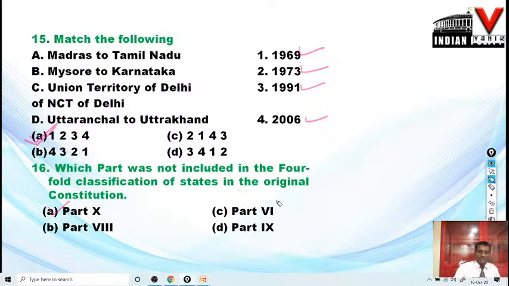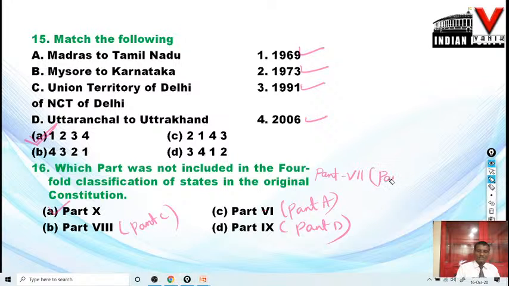So that is part A state. That is part C state. And here part D. Part A, that is Part 6, and Part B states, that is part B. So the answer is A. The fourfold classification that we discussed had four parts.